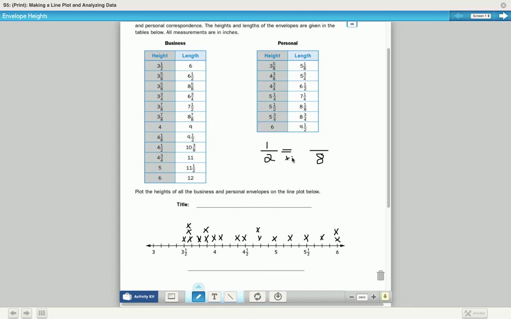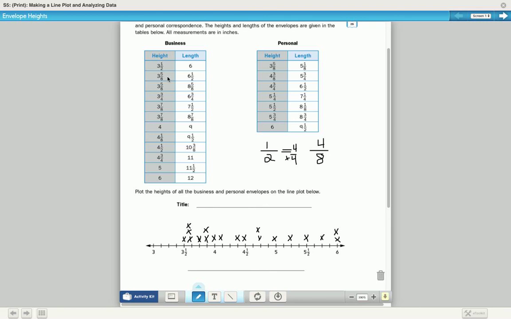Well, if we take the denominator times 4, we have to take the numerator times 4 also, because 4/4 is the same as 1 whole. So it's not going to change the value of the fraction because you're just multiplying by a whole, but you're changing the numerator and the denominator. So 1/2 is equal to 4/8. So 3 and 4/8 is where that one would be marked right there.